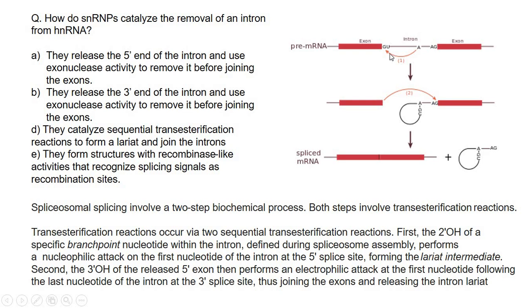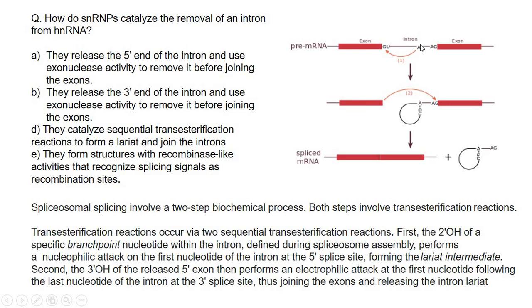This A will make a cut at this site here at the 5' end of the intron, and there is now a hydroxyl group. That hydroxyl group will usually bind to the U6, but when it's time to make this cut here, that 3' hydroxyl group will make a cut at the second site, the 3' end of the intron, bringing the intron completely out.